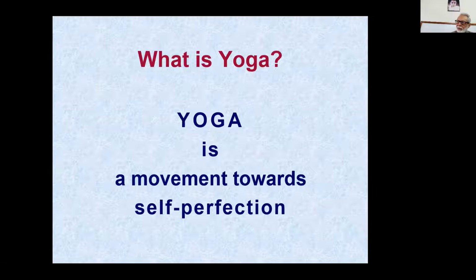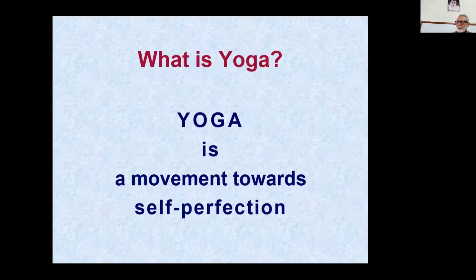Sri Aurobindo has also said that yoga is a methodized effort for moving towards self-perfection. Now, it's a methodized effort, which means it involves effort, and there's a method to it.